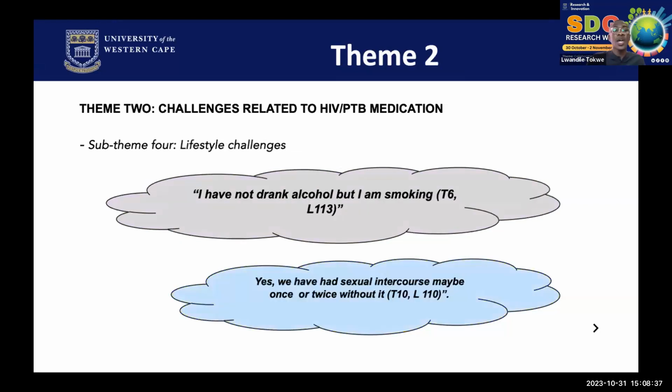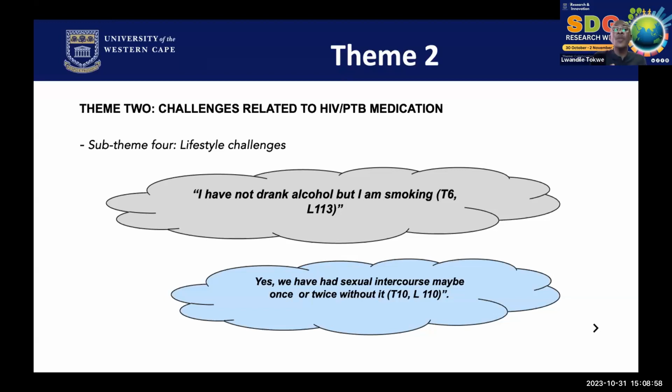And then also there were some lifestyle challenges that these participants experienced, such as drinking alcohol, smoking, and also engaging in unprotected sexual intercourse. And these are the things that are linked to that theme that I've mentioned, where there was lack of education.